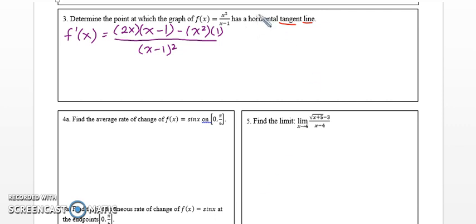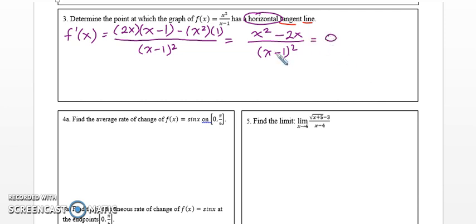Now, knowing that you want the horizontal tangent line, you have to set this equal to 0. In a rational function, the only way this will be 0 is when the numerator is 0. Before we do that, let's simplify the numerator a little. We get x squared minus 2x over x minus 1 squared.